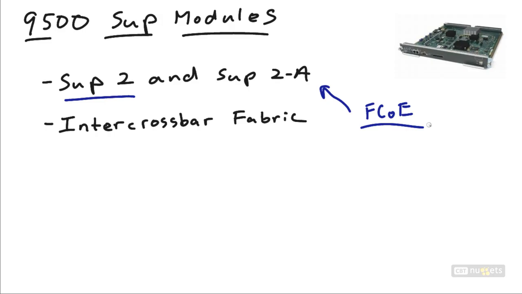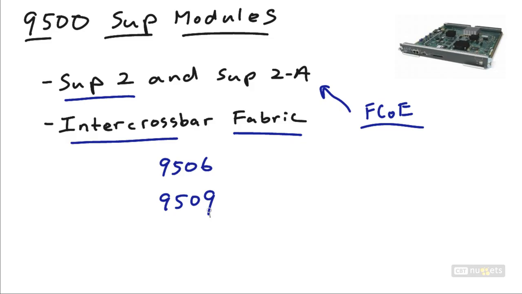Now, there's something else that's interesting about these second generation supervisor engines. You see, they will provide what's called the inter-crossbar fabric. They'll basically act as the traffic cop for the entire device, but only in what are now the more legacy chassis, and that's the 9506 and the 9509. So in the 9506 and the 9509, the supervisor engine is the traffic cop.